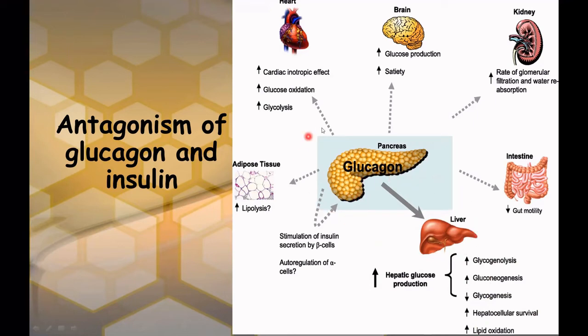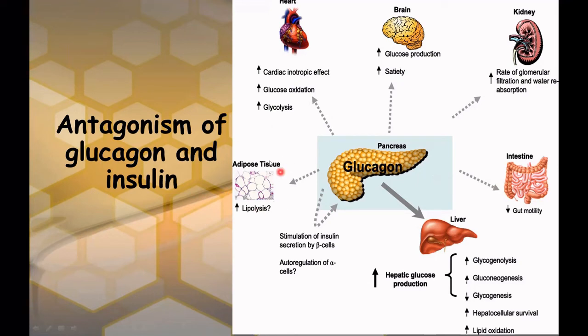There are several other functions, indicated by the dotted lines, which have not been studied as extensively, including the intestine with a lowering of its gut motility, the kidney with an increase in the rate of glomerular filtration and water reabsorption, the brain with increased glucose production and increased satiety, and the heart with an increase in cardiac inotropic effect, glucose oxidation and glycolysis.